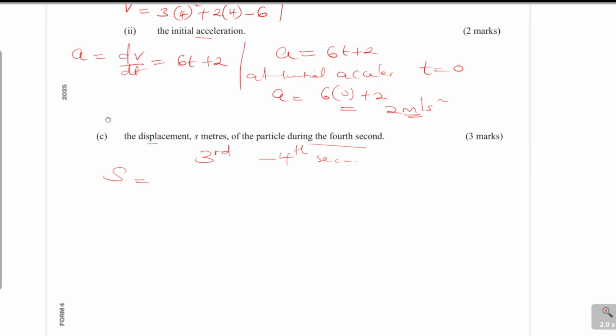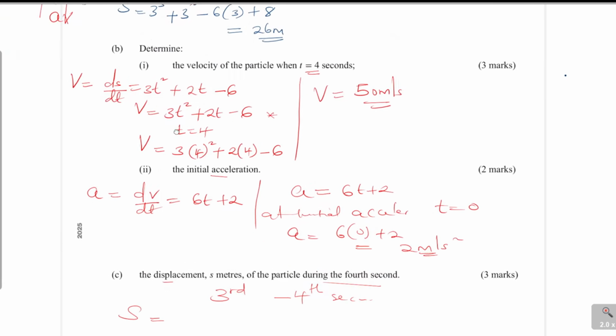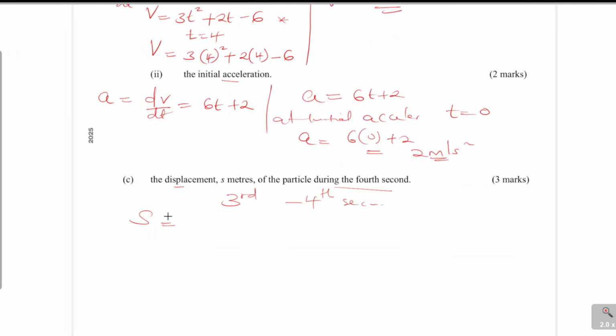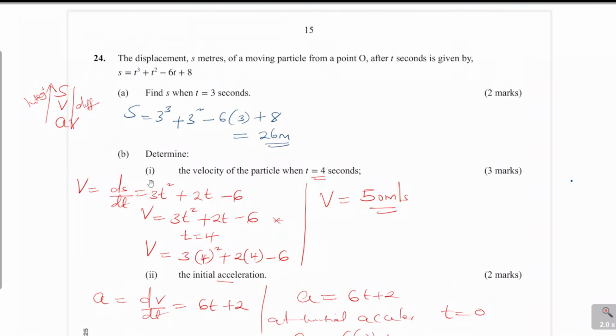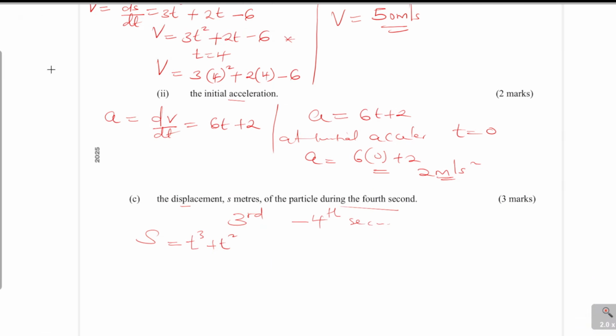S is equals to t cubed plus t squared minus 6t plus 8.